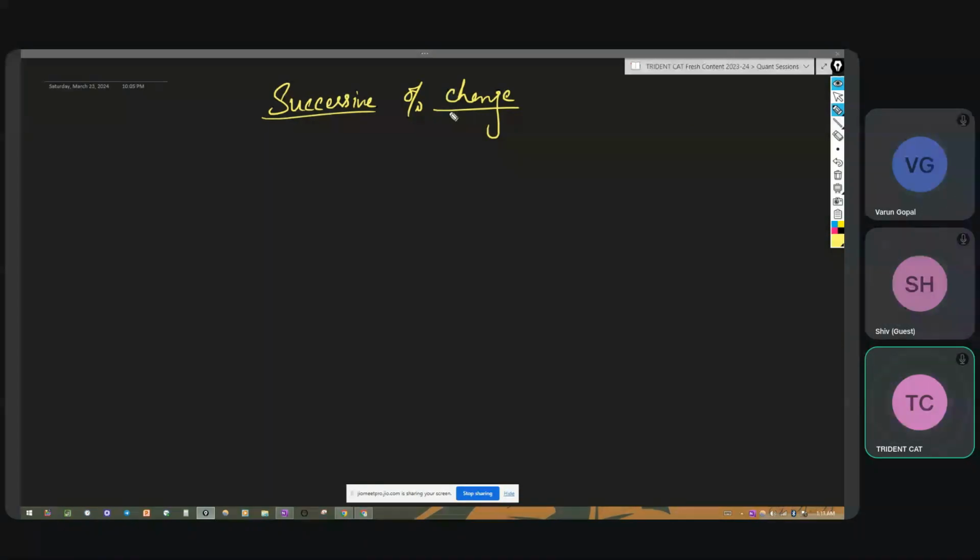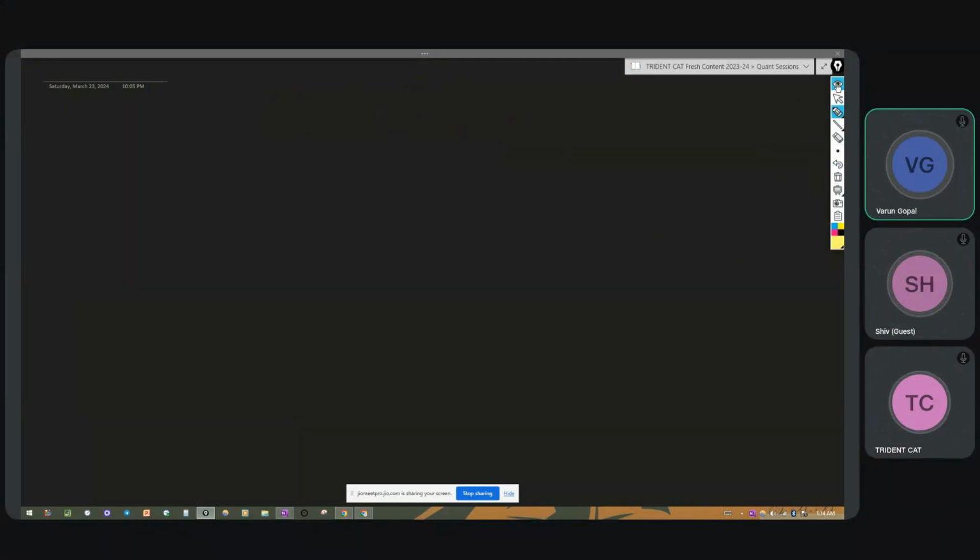Okay, it's 3 hours 50 minutes. Tomorrow we'll do that and the successive change exercises also. Actually, the successive changes are somewhat like what we have already done in an LRDI session. A plus B plus AB by 100. Like 20% increase, 30%, like 1 into 1.2 into 1.3, something like that.